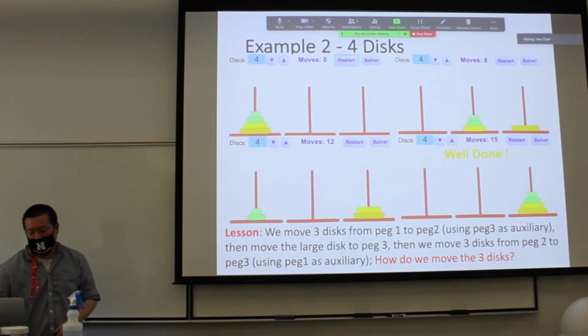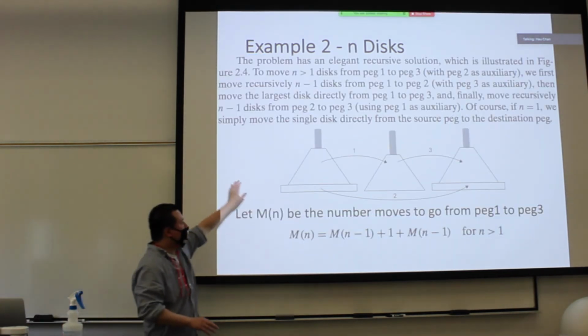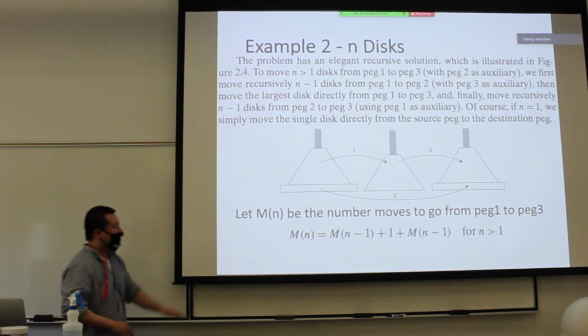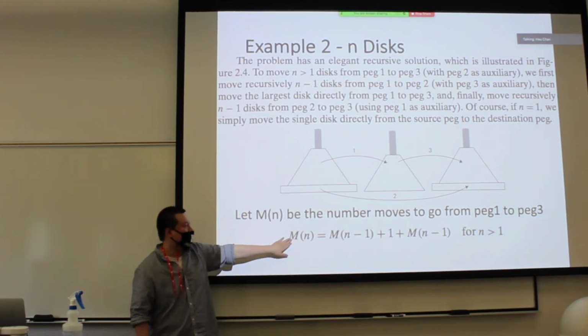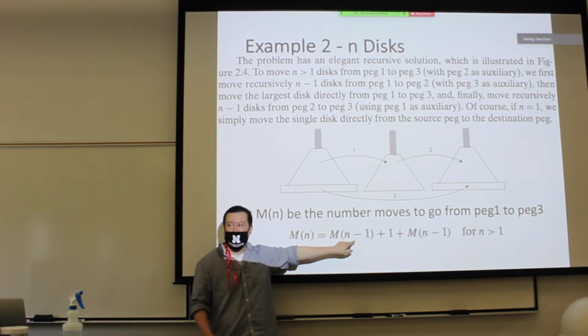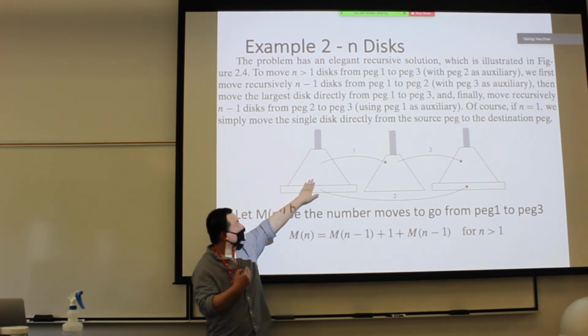In particular, the idea is that we can do this recursively. If you let n be the number of times you need to move from peg 1 to peg 3, we can write down a recurrence relation where M of n is the number of times that we want to count, which is based on the number of times you need to move the n minus 1 disks from the first one to the middle.